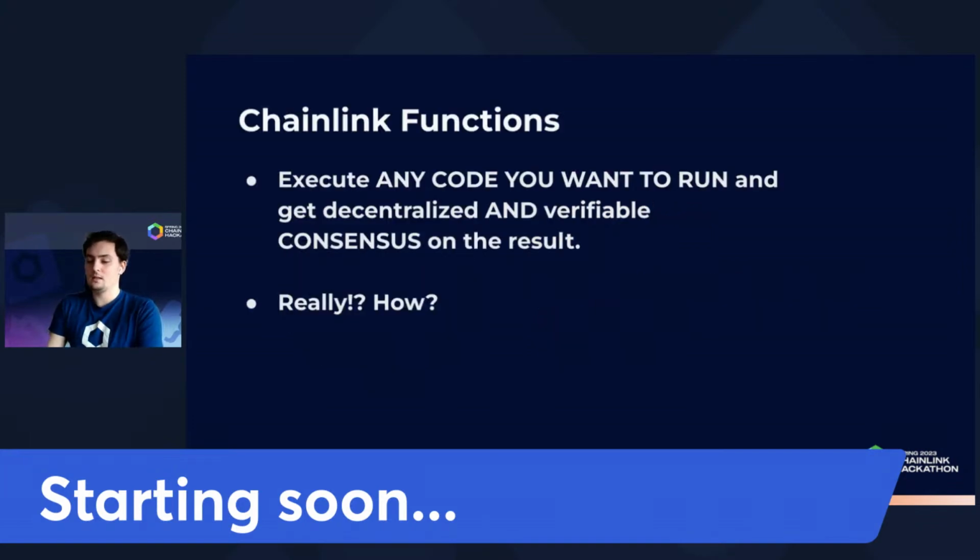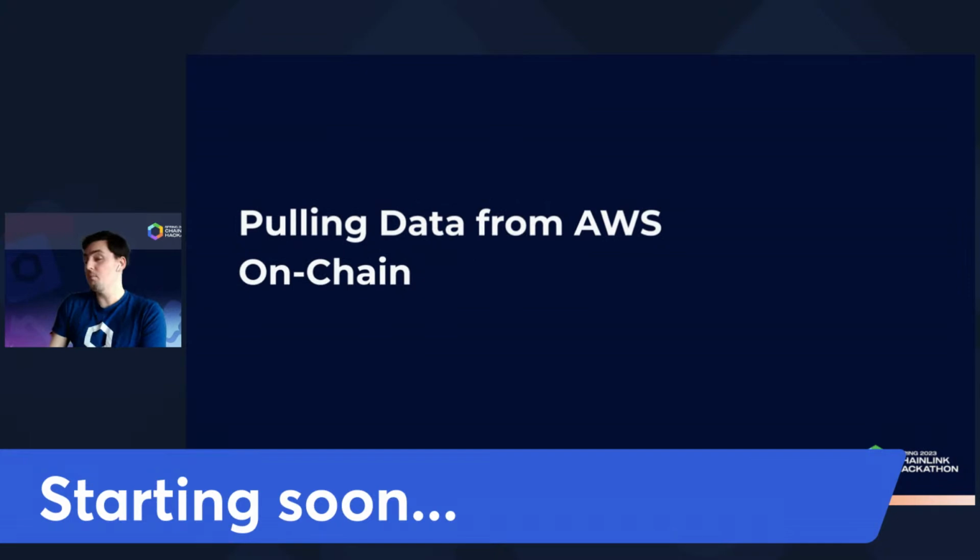Okay, so today's topic again is pulling data from AWS on-chain using, of course, Chainlink Functions. In today's example, we are gonna basically get the price of one fiat currency in another fiat currency, more precisely British pound in terms of US dollars.